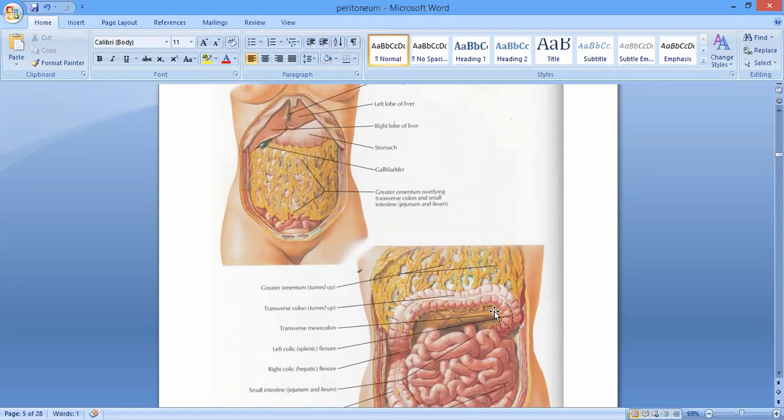So the attachment of the greater omentum at the transverse colon divides the abdomen into the supracolic and infracolic compartments.